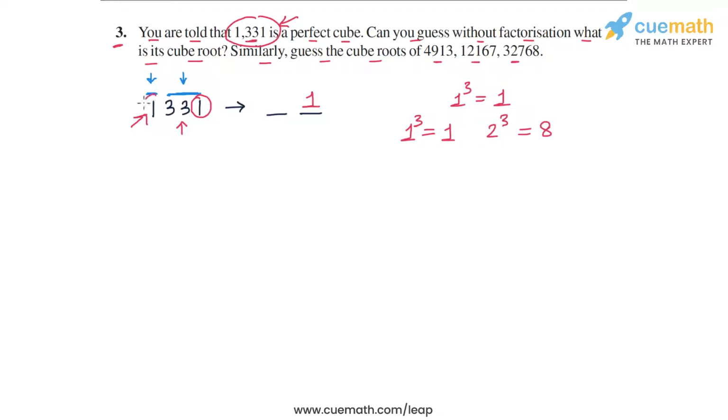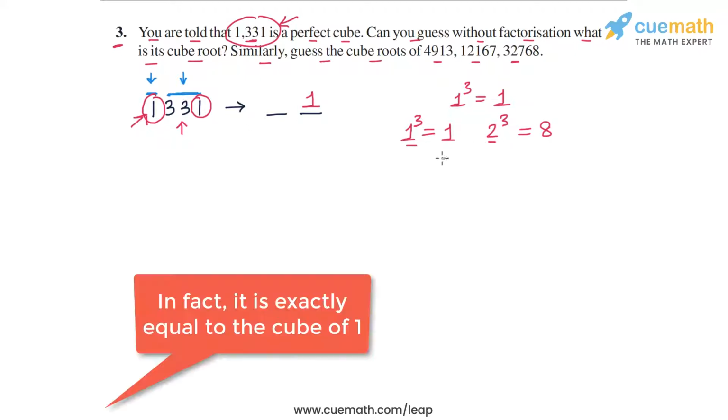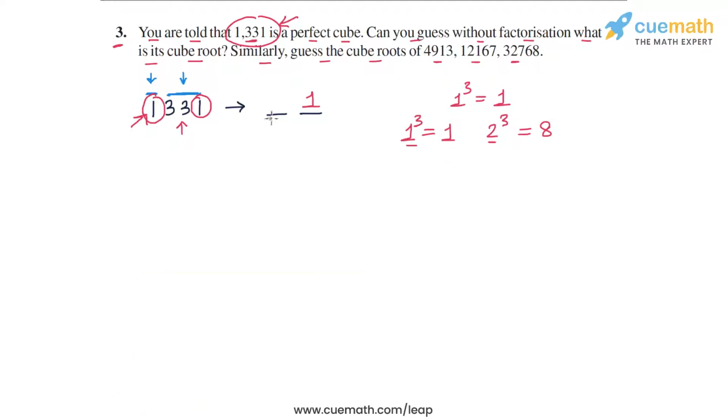The smaller of those numbers is 1, so the tens digit will also be 1. Therefore we have figured out the cube root of 1331 without any calculation. The cube root is 11. This is how we can figure out the cube root without factorization.